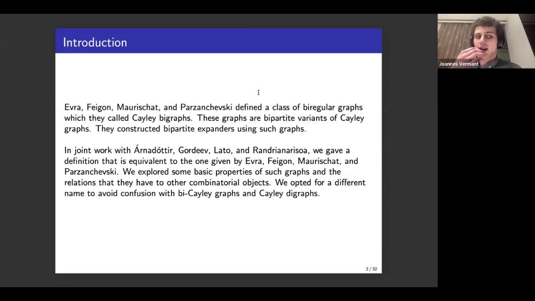Evra, Feigon, Maurischat, and Parzanchevski defined a class of biregular graphs, which they called Cayley bigraphs. They are bipartite variants of Cayley graphs, and they use them to construct bipartite expanders.